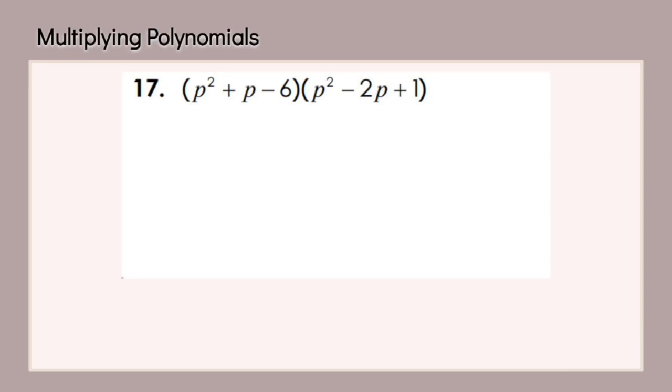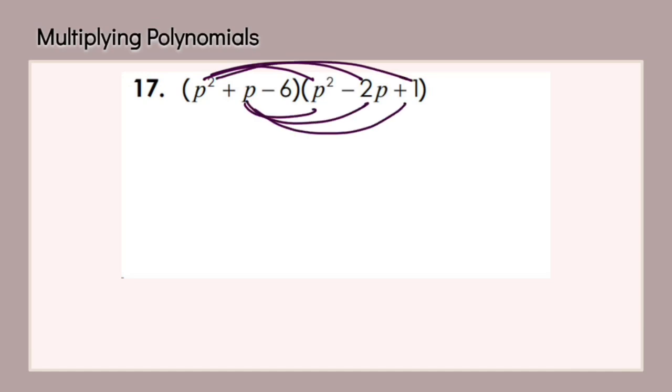Now I chose to do number 17 as an example just to show you another technique I use when multiplying trinomials. So with a trinomial times a trinomial, we have to distribute all 3 terms in the first one to all 3 terms in the second one. So we're going here, here, and then again with the negative 6 to everything.